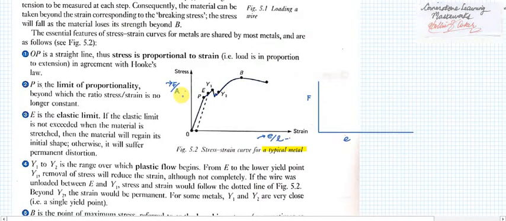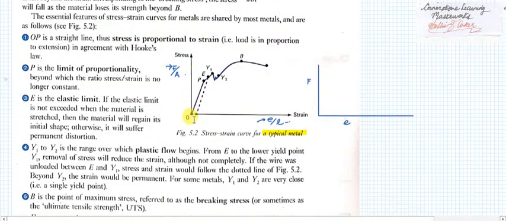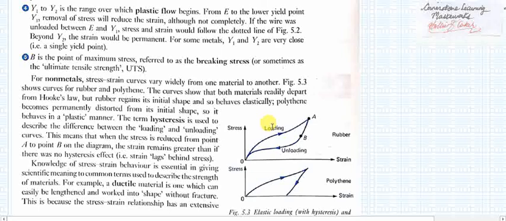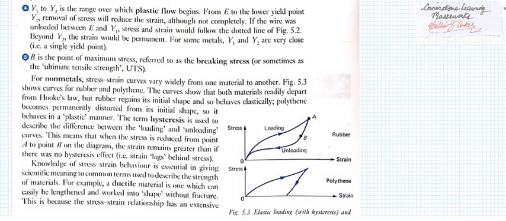Now, in our lab, however, we were not working with metal, we were working with rubber. As you can see here, with rubber, our graph has a particular shape. We expect to get a graph like this.